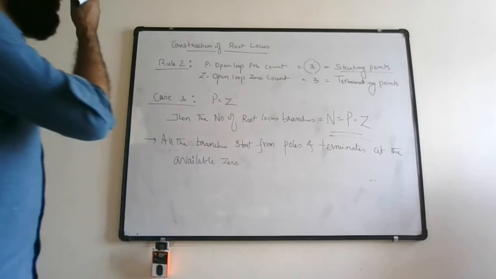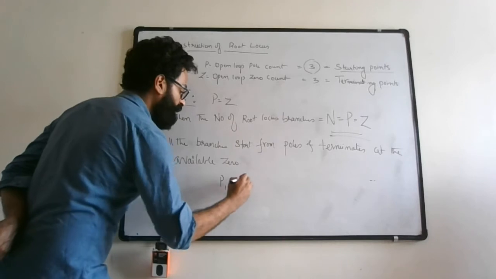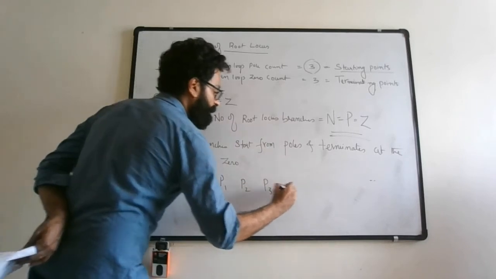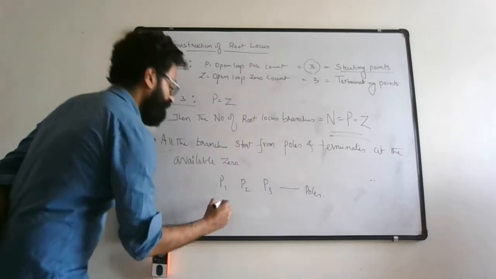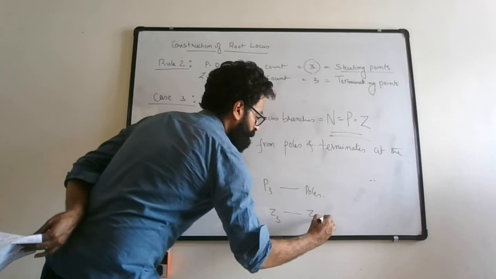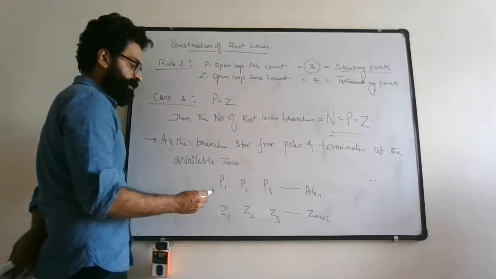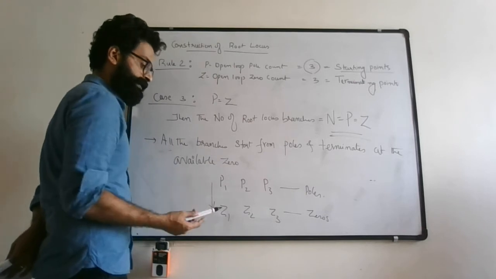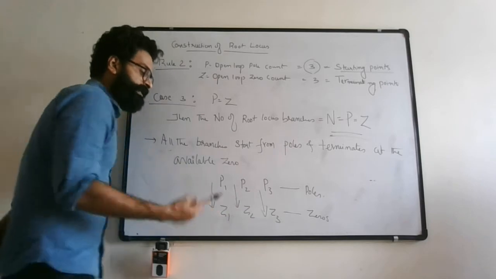Okay, that's because let's say you have 3 poles, say P1, P2, P3, and you have 3 zeros, let's say Z1, Z2, Z3. So since you have equal count, what happens is that pole P1 may terminate at Z1, P2 will terminate at Z2, and P3 terminates at Z3.